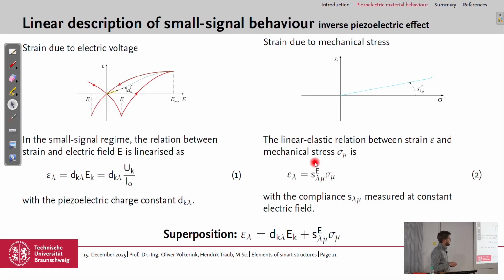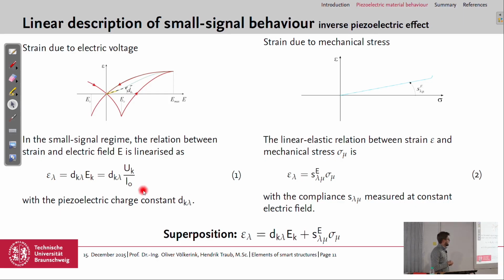And this exponent E says that the compliance is measured at a constant electric field, because otherwise the compliance would change with the electric field, since it alters the mechanical behavior. But we assume one compliance.